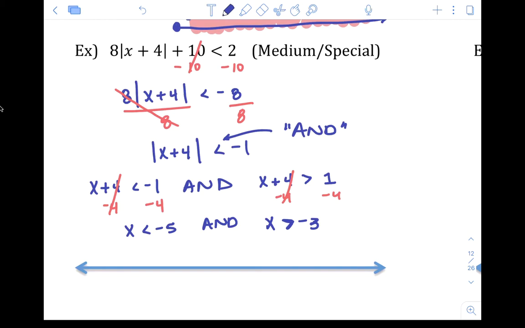It's not possible. So if you are not sure or not sold and you need a visual, that is not a problem. I need visuals all the time. So I'm going to go ahead and plot these, and we're going to talk about it briefly.